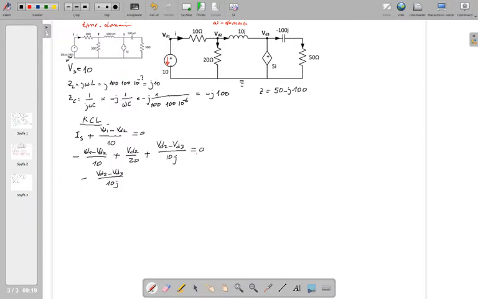So before going any further, write the definition relation of this element, which stops you from making mistakes later on. How am I going to write the definition relation of this element? Look at the shape, this diamond shape. Because of that diamond shape, this is a dependent source. Because of the voltage reference given inside it, it is a dependent voltage source.